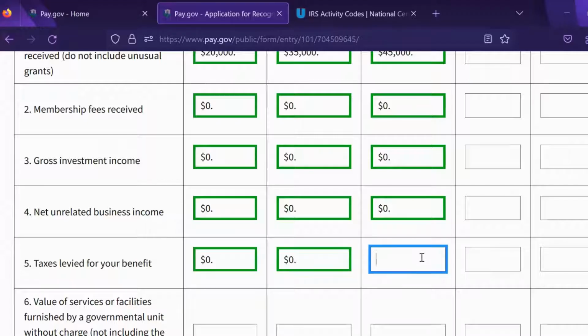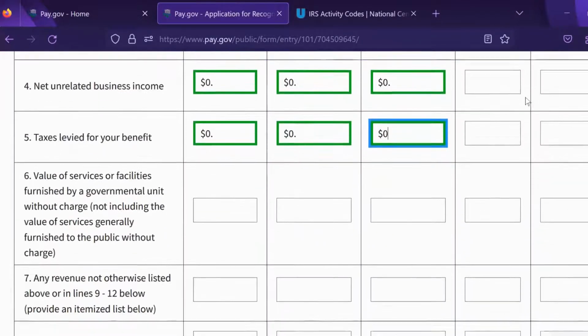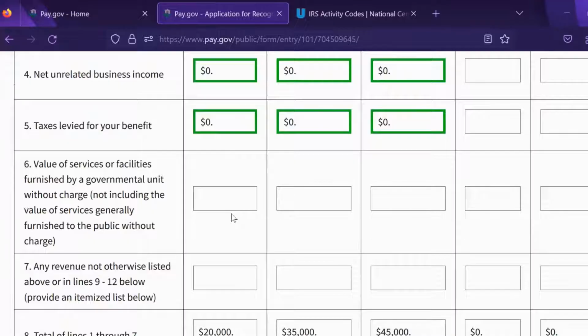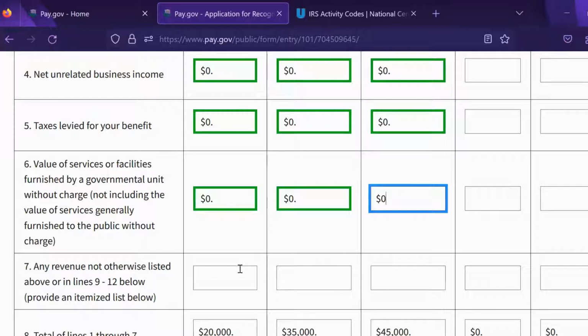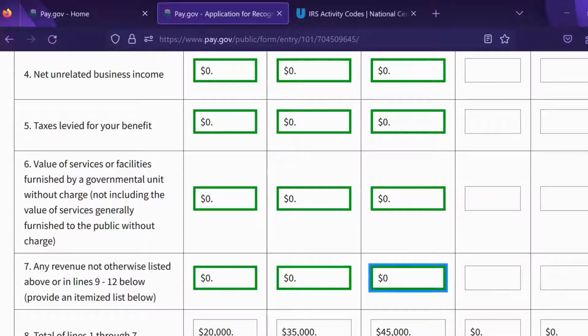She's not expecting any of these as income sources besides grants. Value of services or facilities furnished by governmental unit without charge, not included the value of services generally furnished to the public without charge. She does not anticipate having that. It would be nice to have something like that. Any revenue otherwise not listed above. She's not planning on any other revenue for her nonprofit.